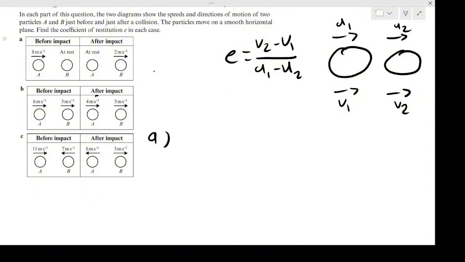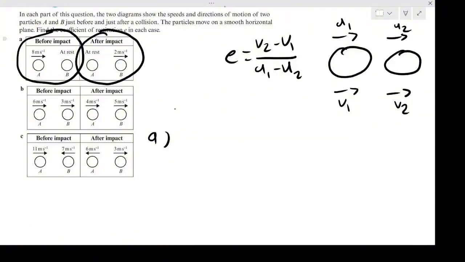We've got three different collisions. So for part A, this is before the collision. Ball A has speed 8 and B is at rest, so it has 0 speed. Then after the collision, we have ball A at rest, so ball A has speed 0, and then ball B has speed 2 afterwards, okay?